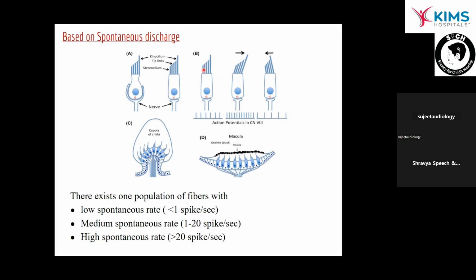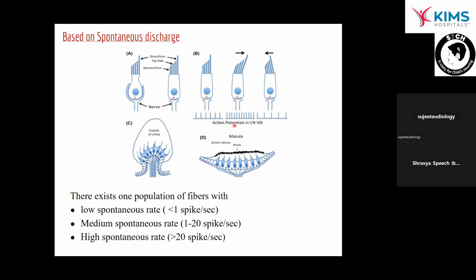That means not all the ion channels connecting to these stereocilia are closed, nor are all open. Since they are not fully closed, some amount of activity will keep happening in the hair cells, and that will lead to generation of some amount of action potential, which is called the spontaneous activity of the neuron.